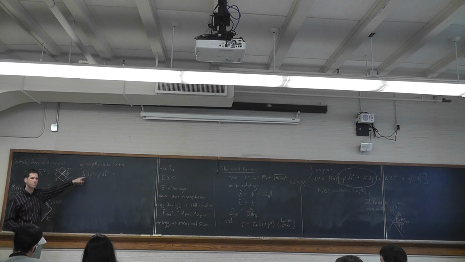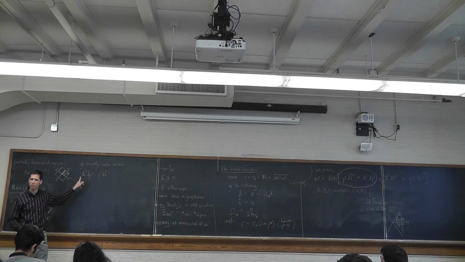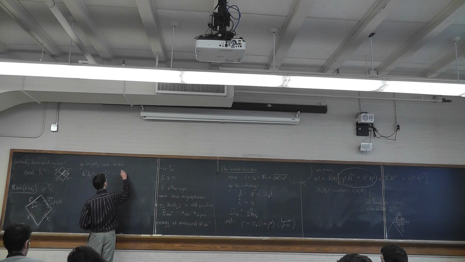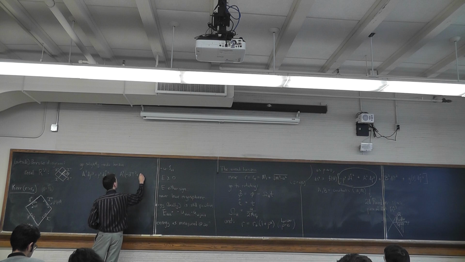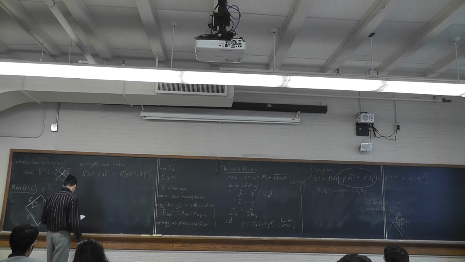So this is like polar coordinates on the plane, dr squared plus r squared d theta squared, except there's an extra sign here. So we know how to do coordinate transformation from polar and Cartesian. Well, first of all, we know what the answer is going to be. It's going to be Cartesian. But we also know how to do that coordinate transformation.